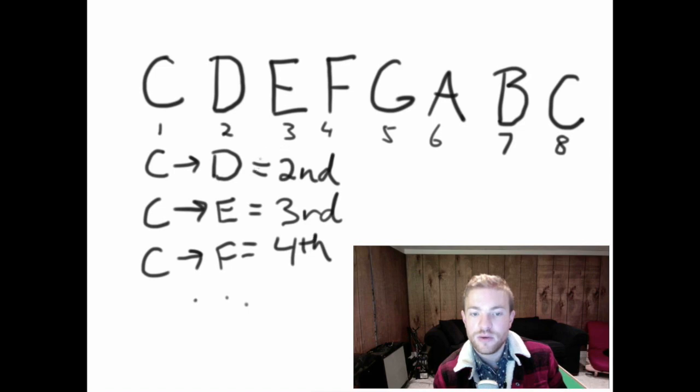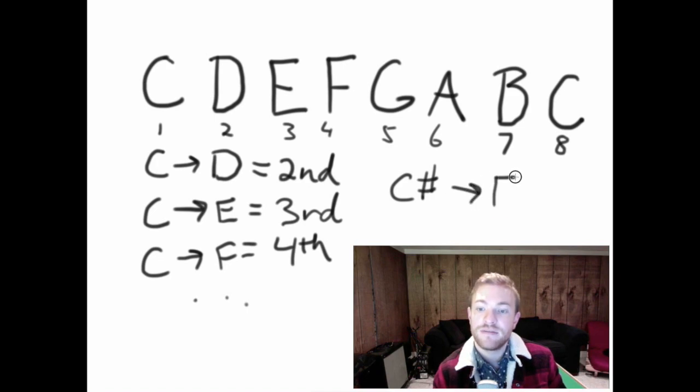And when you think about the numeric name of the interval, whether there's sharps or flats in the interval, it doesn't really matter at all, right? So for example, a C sharp to an F would still be considered a fourth.